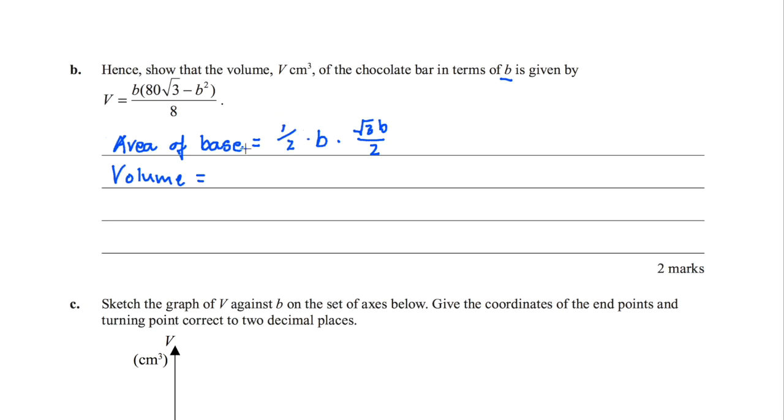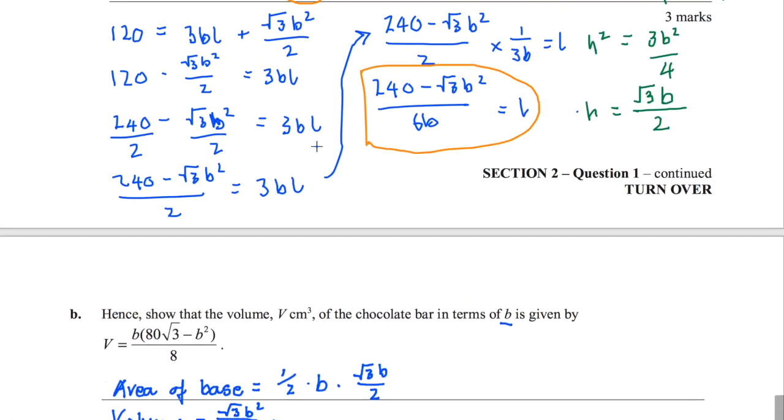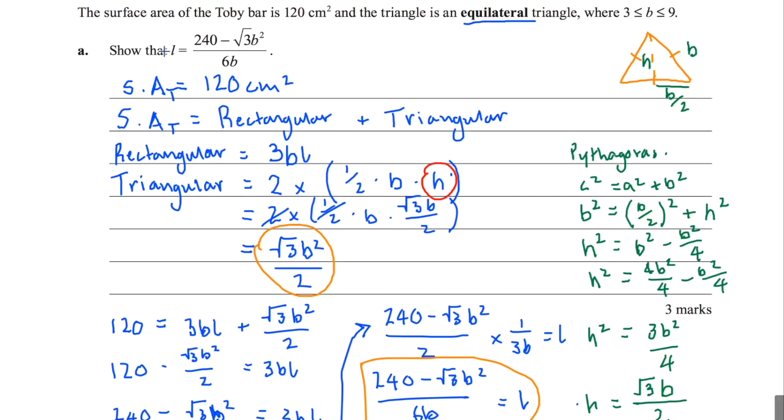So the volume, well, we know that the volume of any prism is equal to the area of the base, which is this, times the height. So if we simplify this, we can see that it's equal to the square root of 3b squared on 4, and we need to multiply that by the length. The length in this case we worked out in the previous question in terms of b. So we could just multiply by L, but we need the whole thing in terms of b.